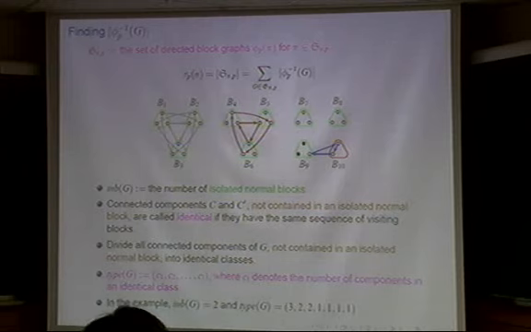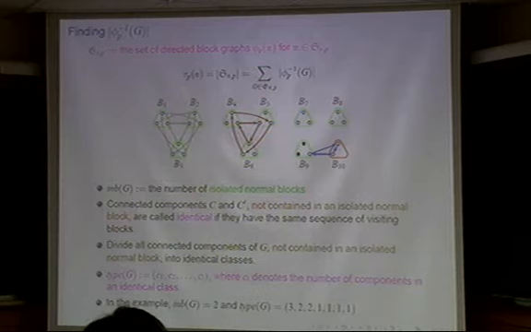Divide all connected components up to identical classes. So we define the type of G to be this integer partition, which means a weakly decreasing sequence of integers, where each integer denotes the number of components in an identical class.